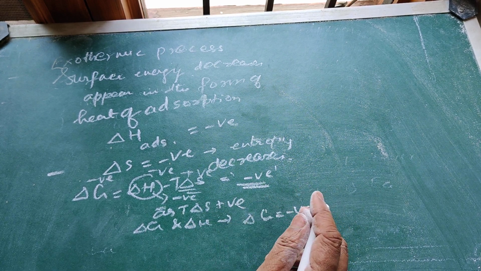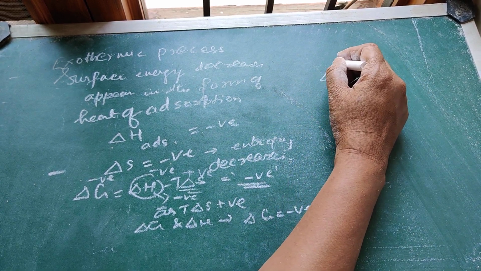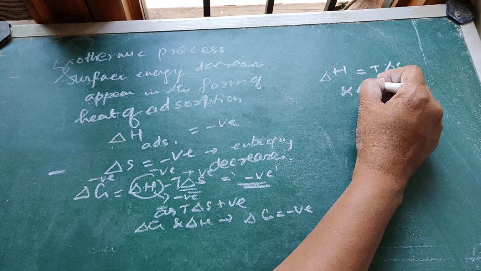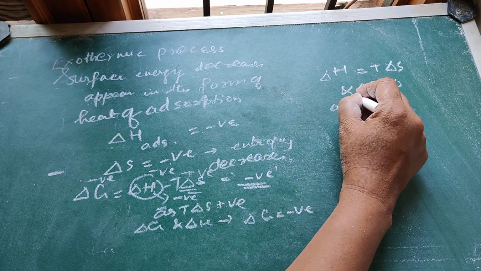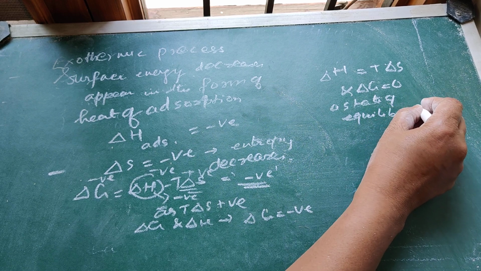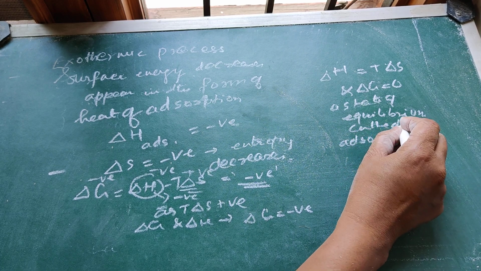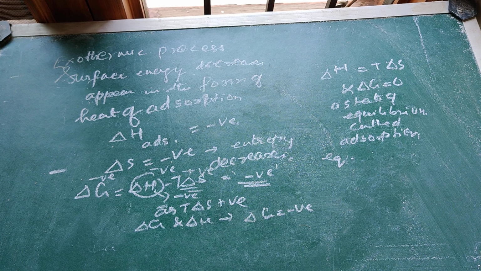But as the adsorption process proceeds, del H becomes less negative, and thus del H is equal to T del S, and del G becomes 0, and a state of equilibrium is reached called adsorption equilibrium. Okay. I hope you understood this.